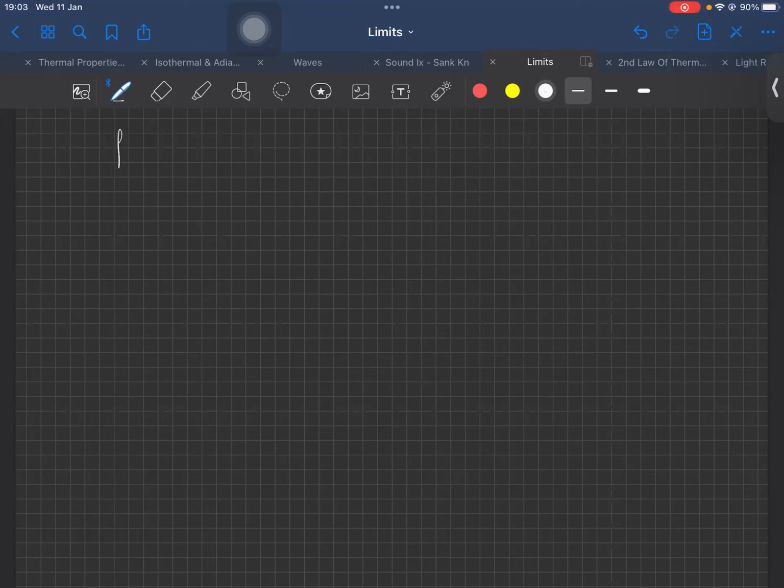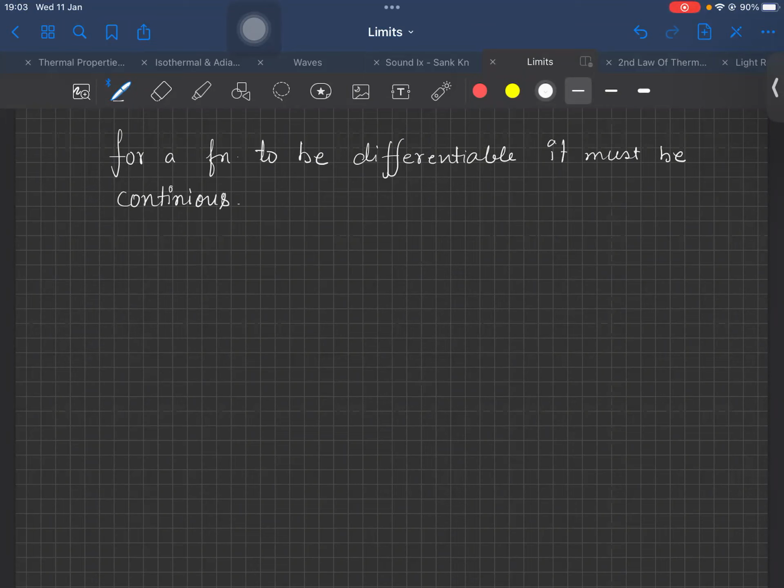For a function to be differentiable, it must be continuous. If the function is not continuous, it is not differentiable at that point. This is very, very important.